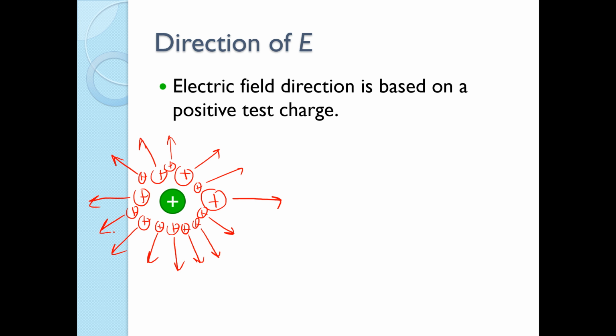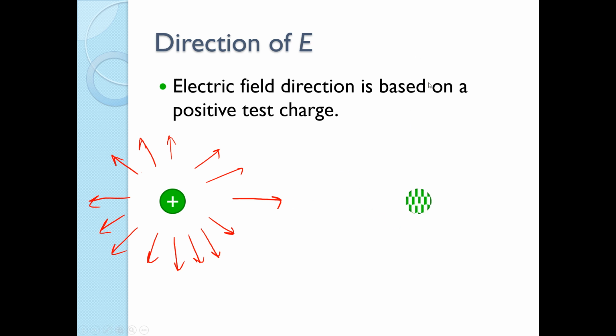I could actually erase a bunch of these because the positive charges don't need to be there. So there we go. This is the electric field of a positive charge. It just radiates outwards like this.